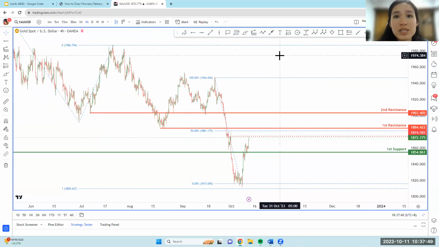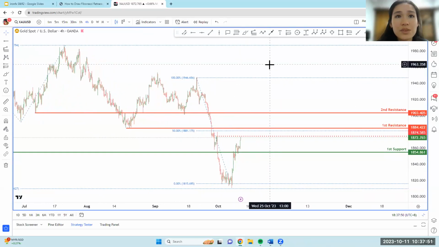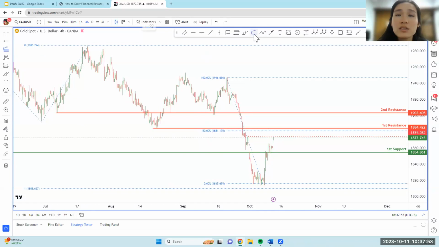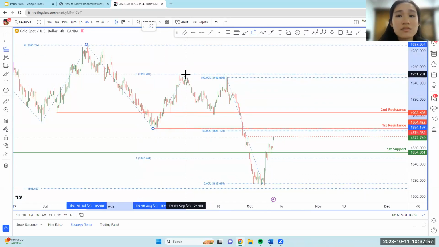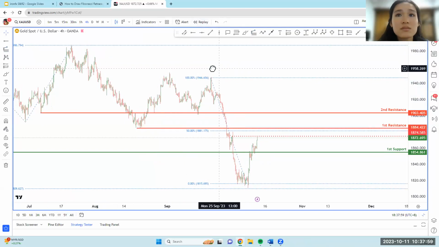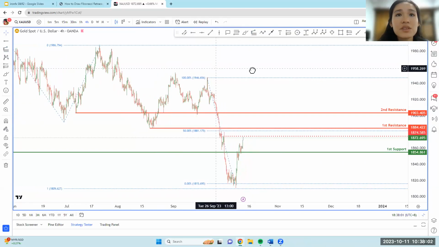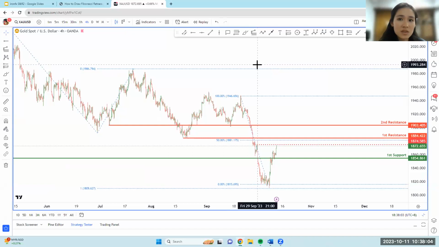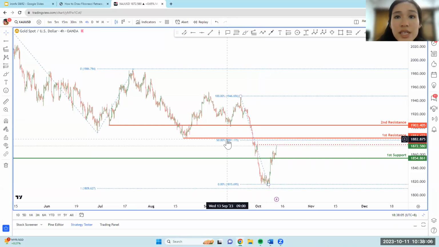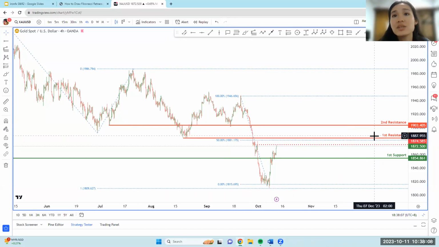So over here, we can see that this 50% lines up nicely with my first resistance here.